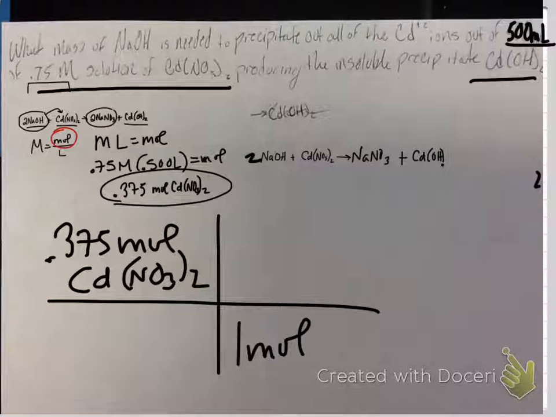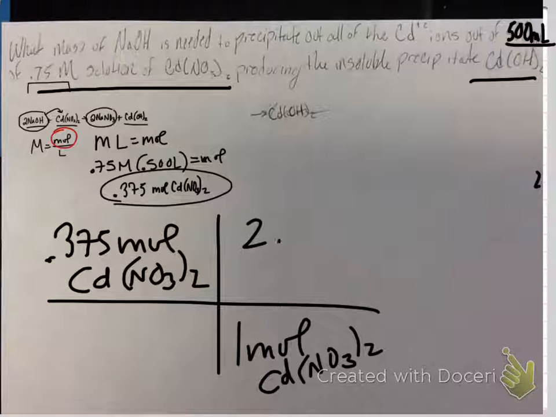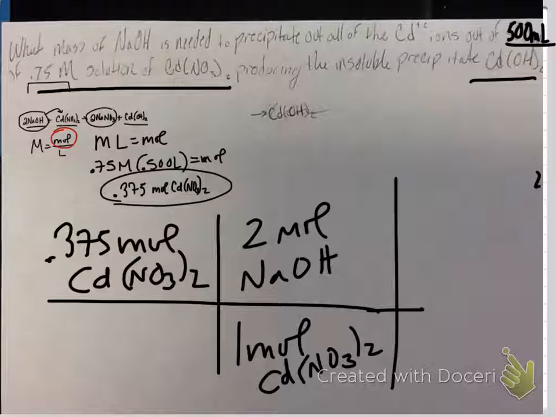mole, oh, that's not the balanced chemical equation. Silly Moser. For every 1 mole of cadmium-2 nitrate that reacts, how many moles of sodium hydroxide do we need? 2. So 1 to 2. And can we find the mass of sodium hydroxide? Yeah, easily.